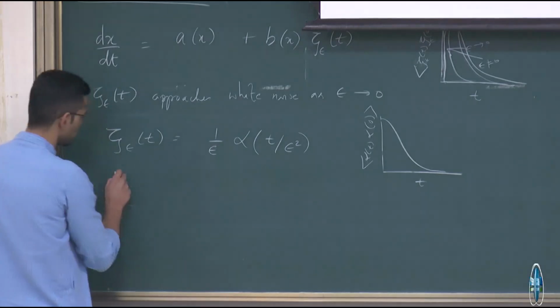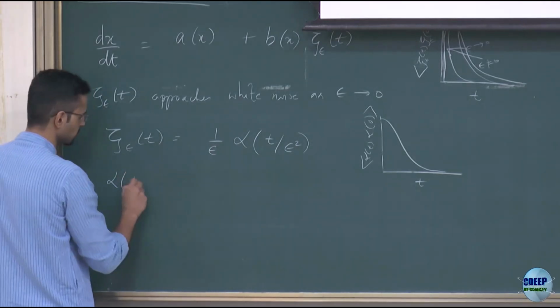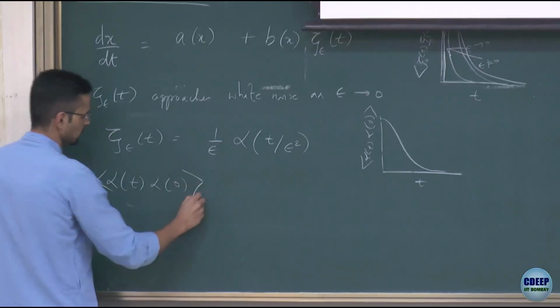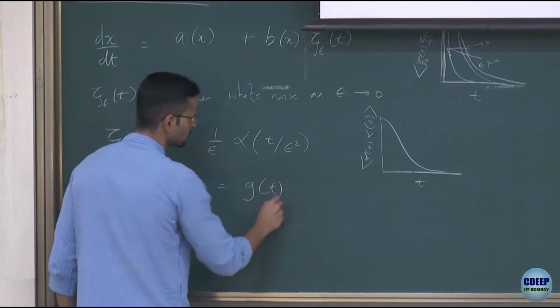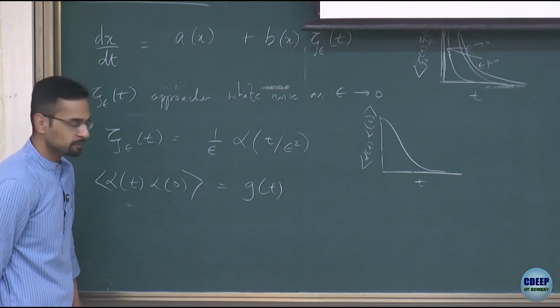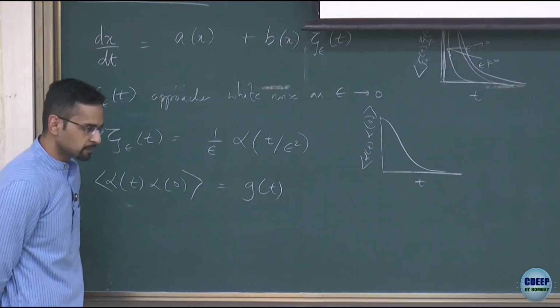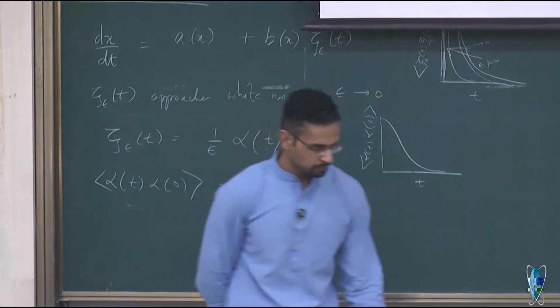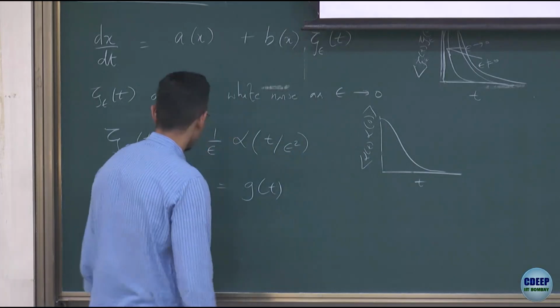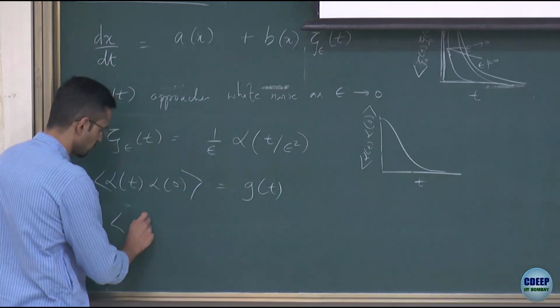Okay. So to make this formal, we will say that alpha is such that its autocorrelation is some function g of t. So this thing is basically g of t. And of course, we would like the mean of alpha to be 0.